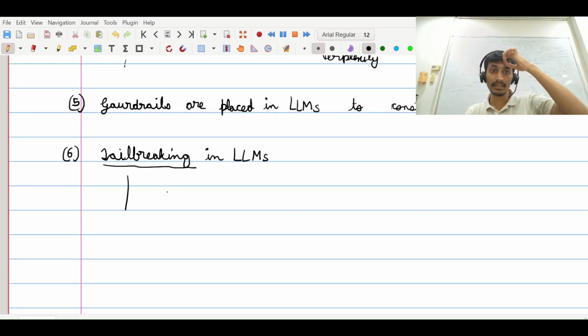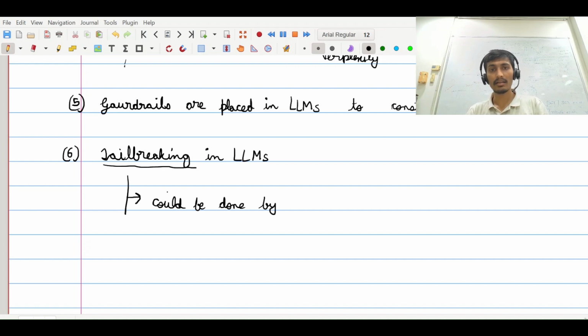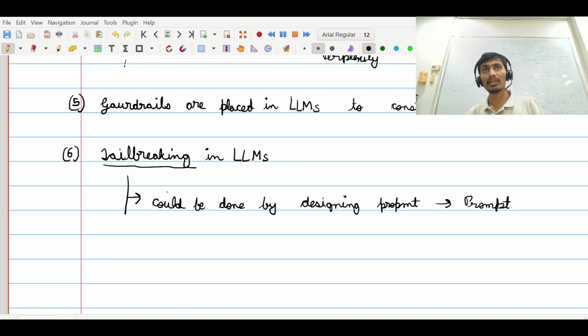So jailbreaking in LLMs could be done by designing prompts. So this would again come into prompt engineering, because you are carefully designing prompts so that the LLM gets manipulated and is not able to distinguish that this is not a benign request.